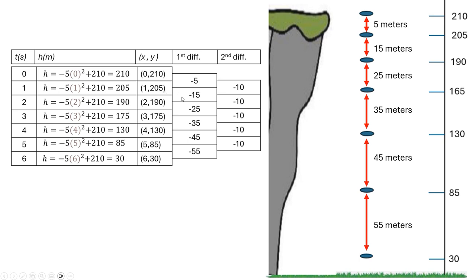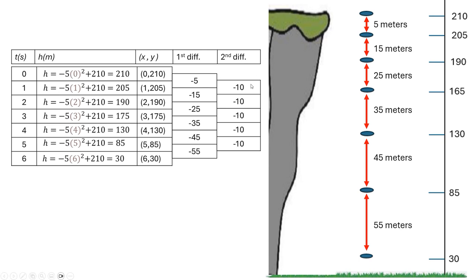The next second, it falls 15 meters in a second. And the next second, it falls 25 meters during that second. And so on, and so on. It's falling at a faster rate as the seconds pass.